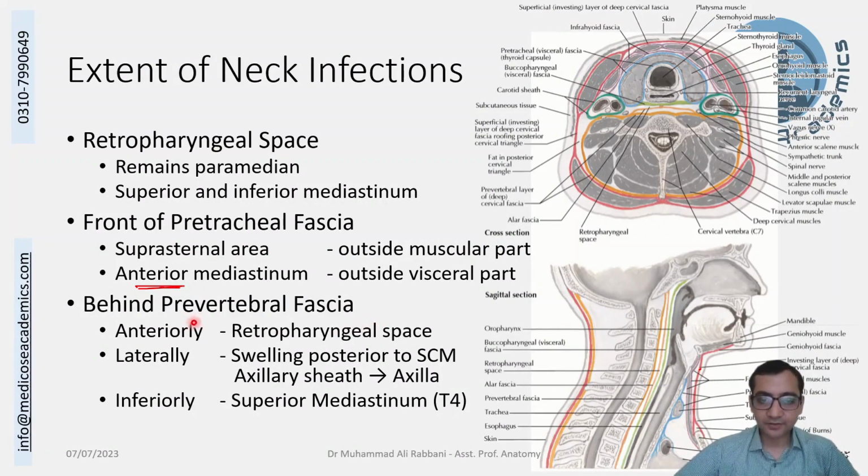Then we are left with the prevertebral fascia. Behind the prevertebral fascia, we are talking about this anterior space only. We are only talking about this space, and right now this prevertebral fascia only.